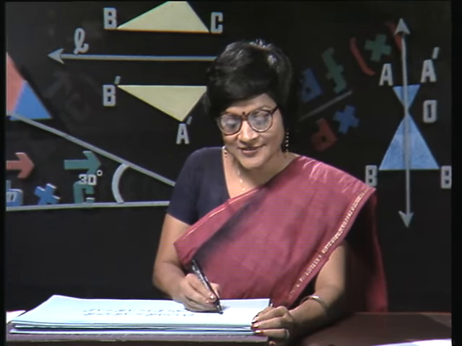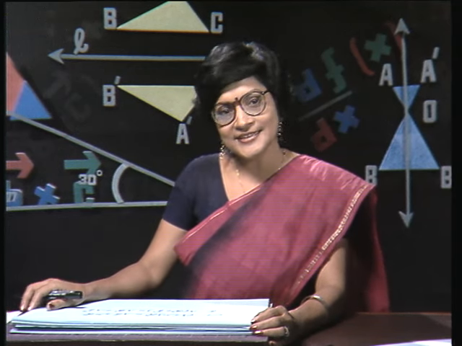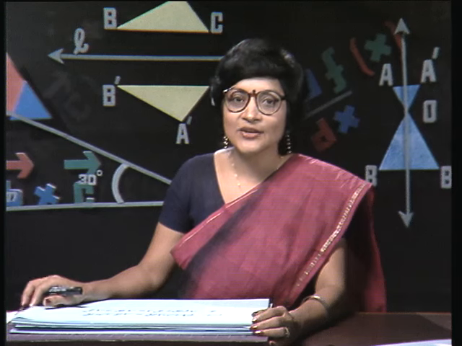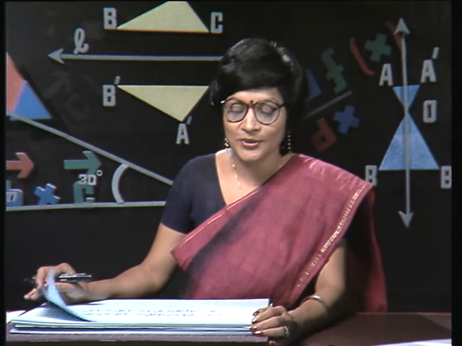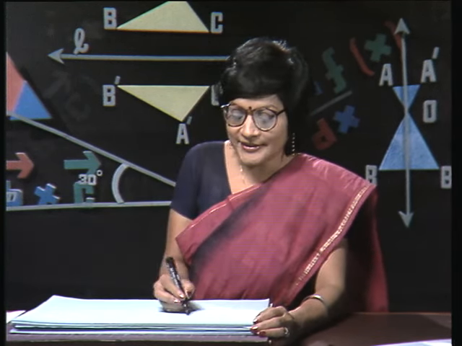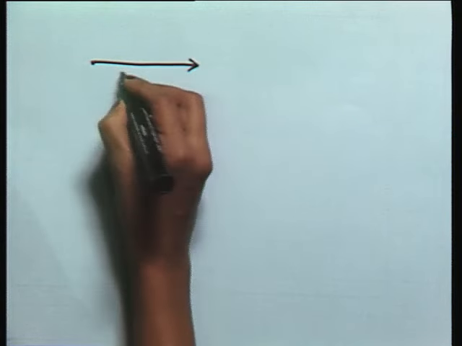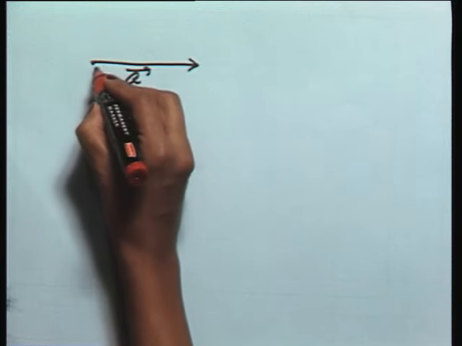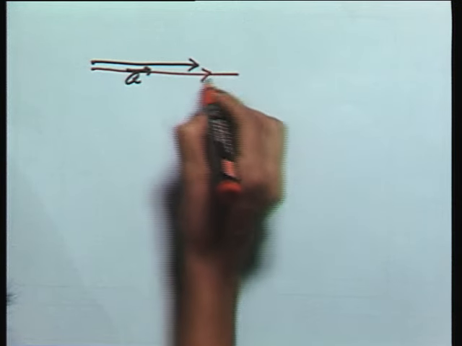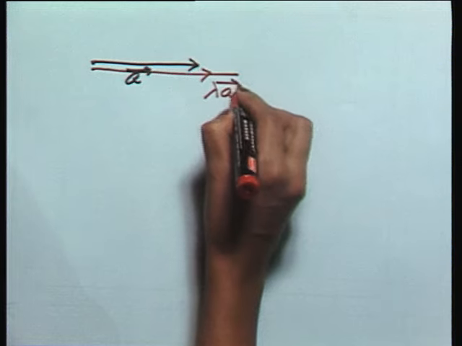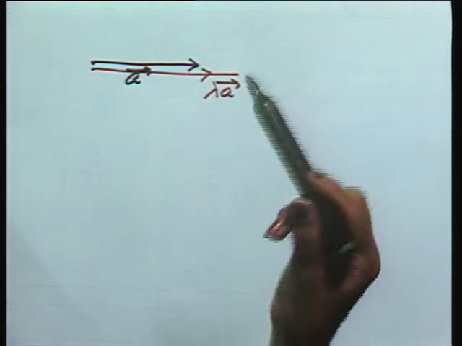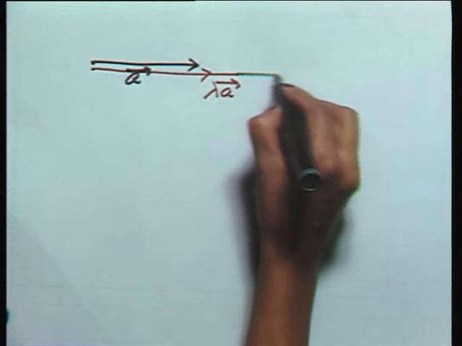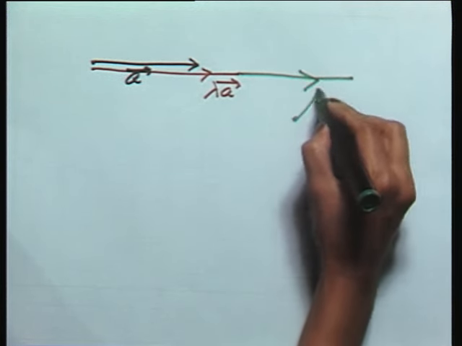Let us look at the first of these, which is extremely easy to prove, although slightly cumbersome because you have to take a number of cases for the sign of lambda and mu. Geometrically, if this is the vector A, then the vector lambda A would be something like this, and the vector mu A drawn from the terminating point of lambda A would also be in the same direction.